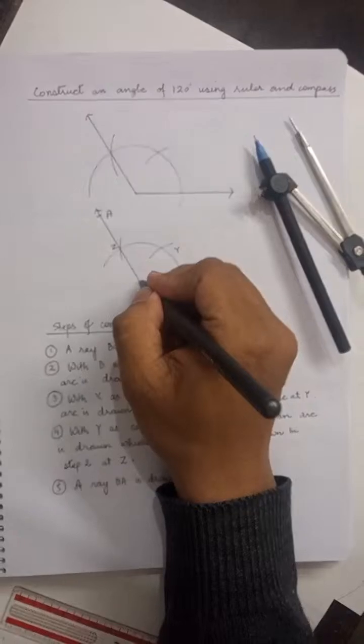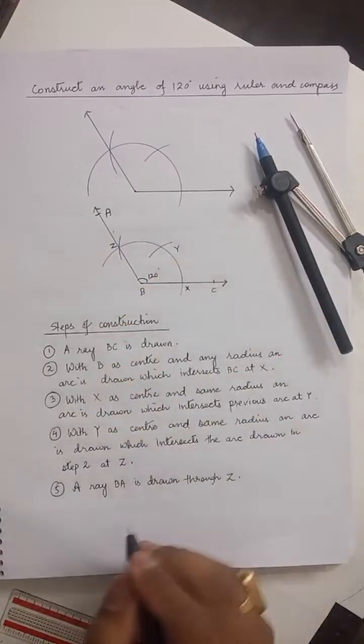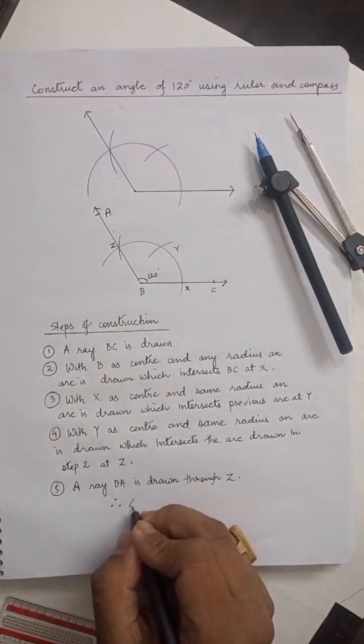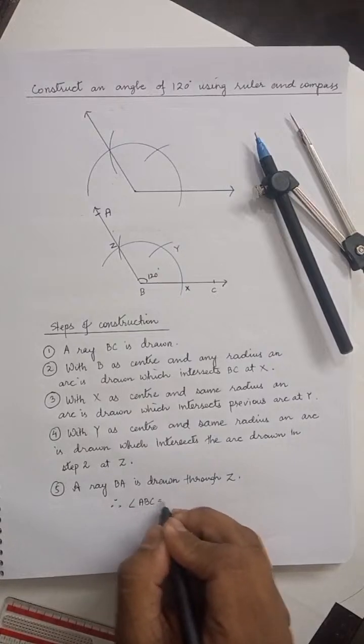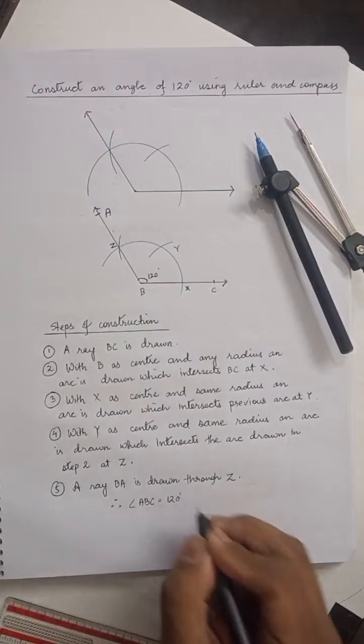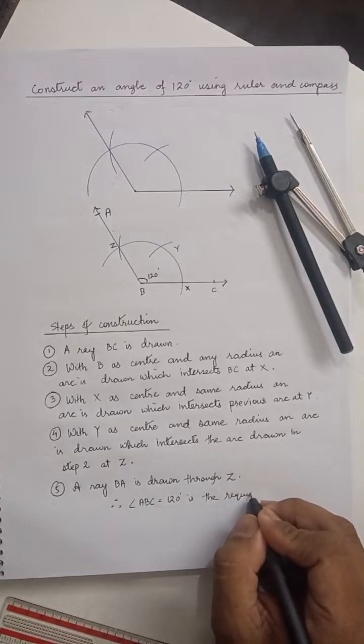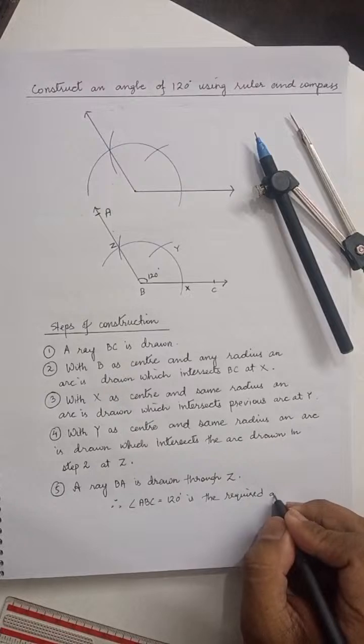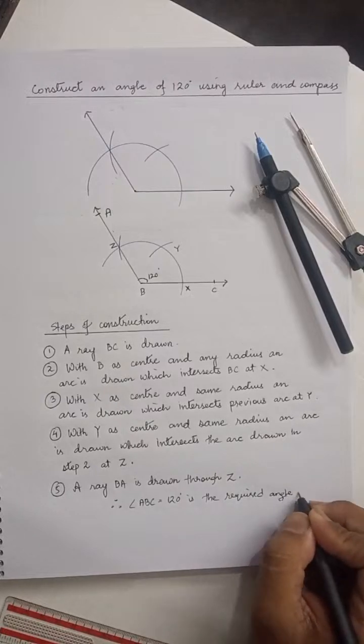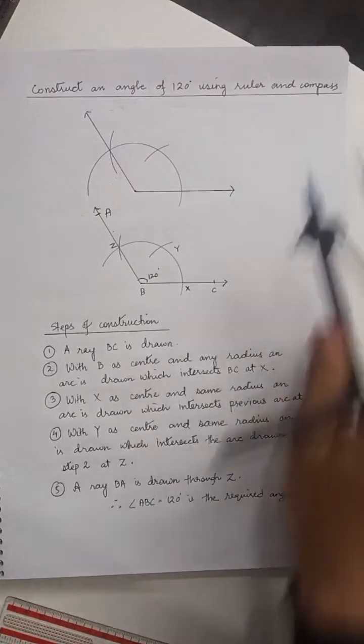So let me write 120 degree. Therefore, angle ABC equal to 120 degree is the required angle. Okay, so this is our construction.